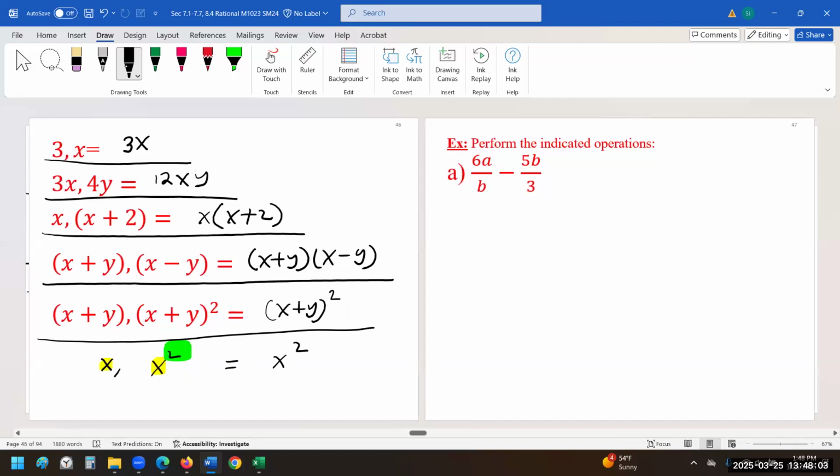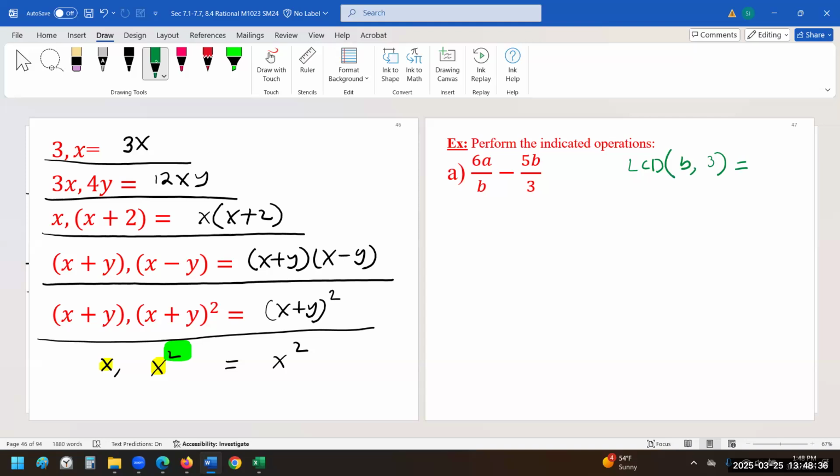Now let's do some real math with the knowledge we just learned. Subtract 6a over b minus 5b over 3. Between b and 3, what is our LCD?